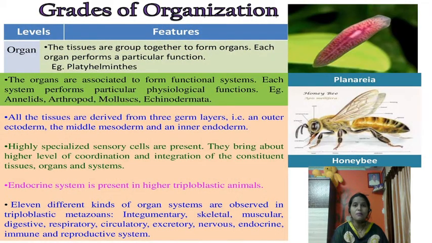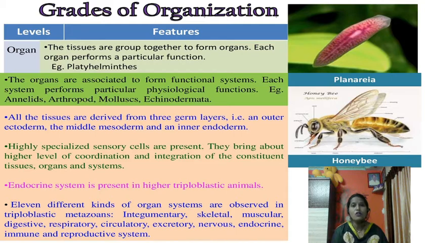Now, the most important grade of organization is the organ level of organization. The tissues are grouped together to form organs. Each organ performs a particular function. Primary level of organ type of organization is observed in organisms belonging to phylum Platyhelminthes.